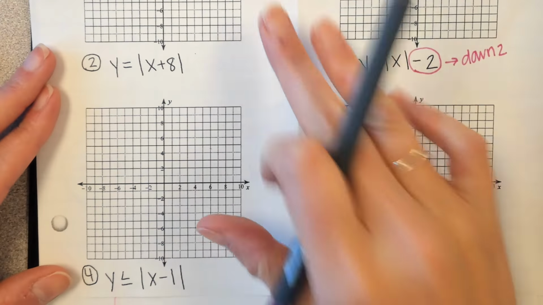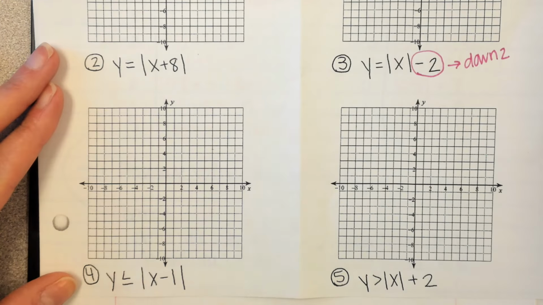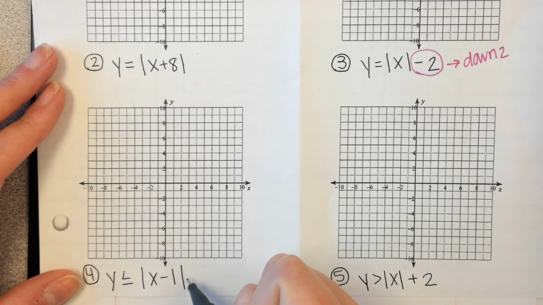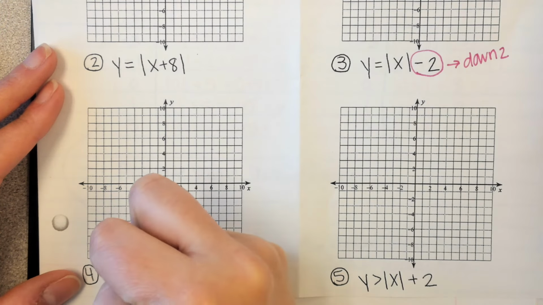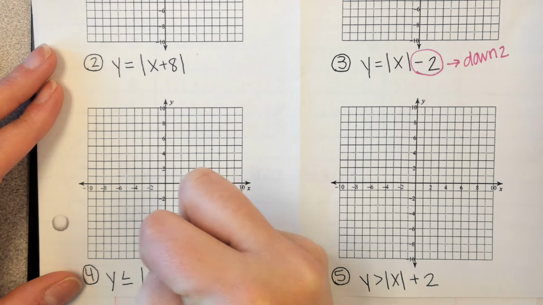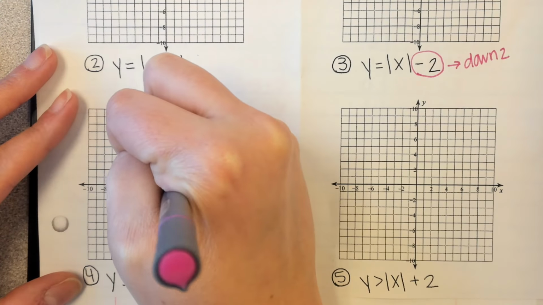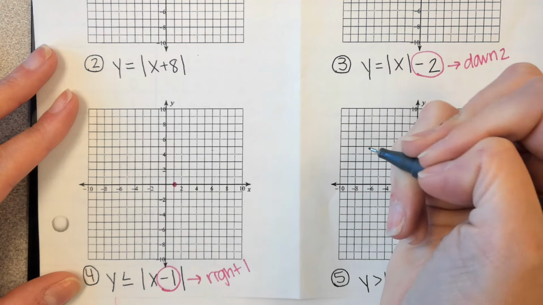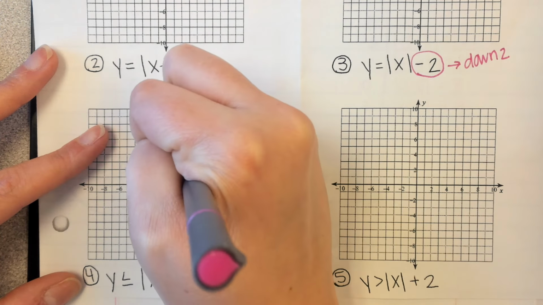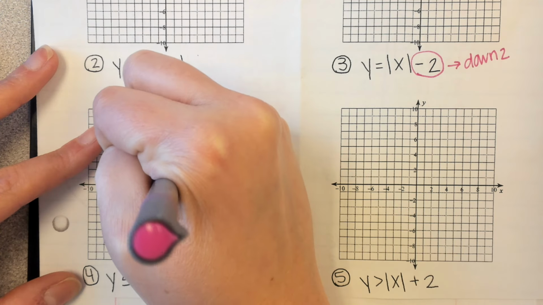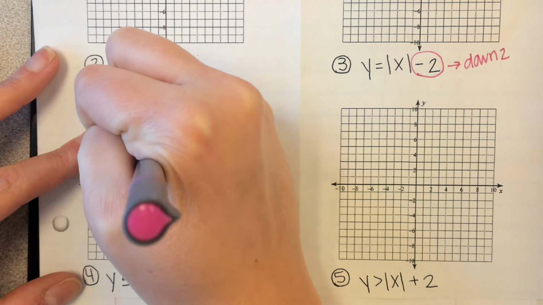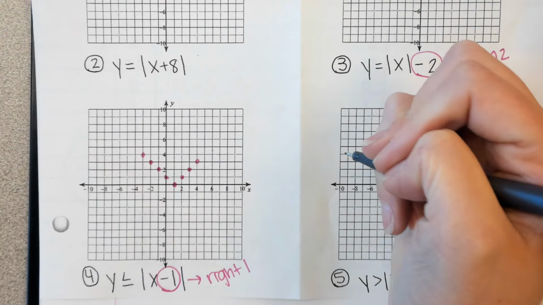So we'll look at 2 examples of this on a graph, because I think you have some multiple choice questions like this. So number 4, let's look at how that would be shifted. It's -1 on the inside, so that means we're going to go to the right 1. So go over 1, so to 0, 1, and then you're going to make some points, so up 1 and over 1 on both sides to make that V shape.